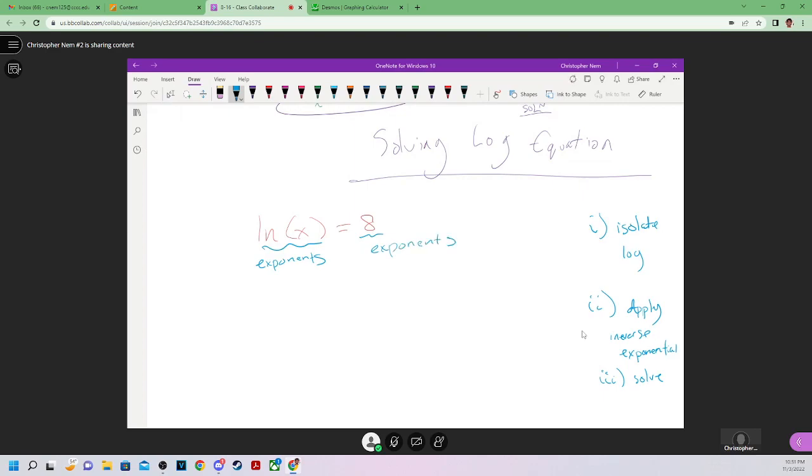Well, natural log has base e, so I apply the base e raised to, and I'm going to just use parentheses so you guys are aware of what's happening, ln of x and 8. I apply that base e to these logarithm equations.